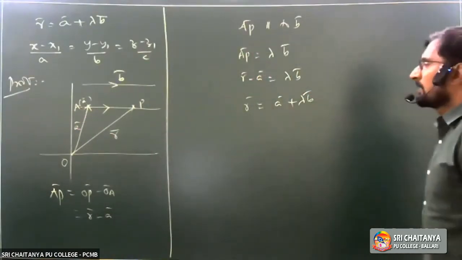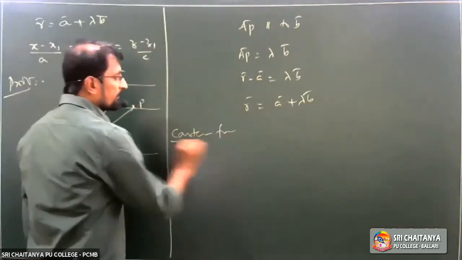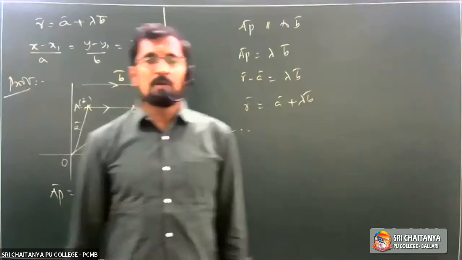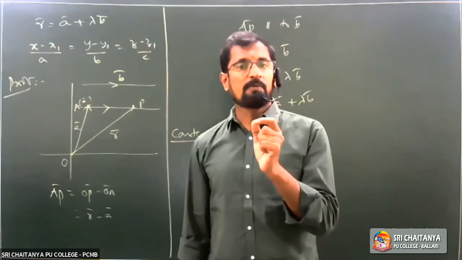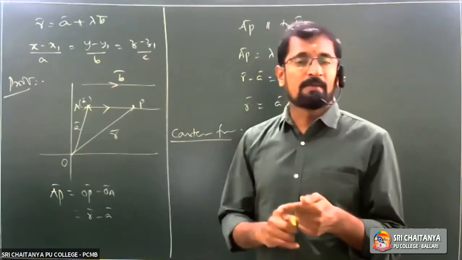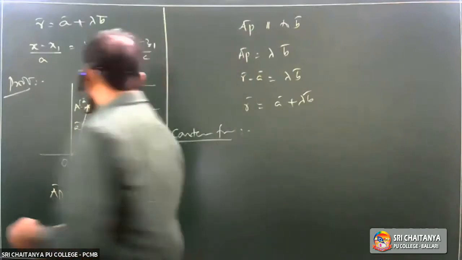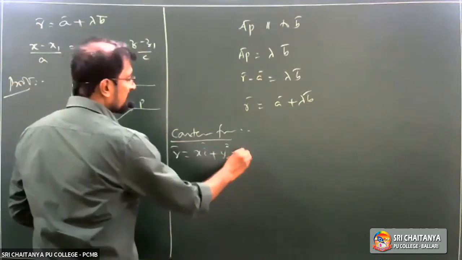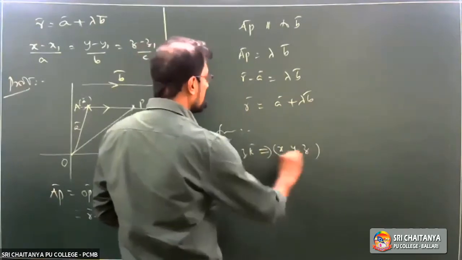Now the Cartesian form of this one. To write the Cartesian form, you need to write the vector form initially. That means in vector form, you need R bar, after that A bar, and after that B bar. So I am going to consider R bar is equal to xi bar plus yj bar plus zk bar, which you can write as x comma y comma z.